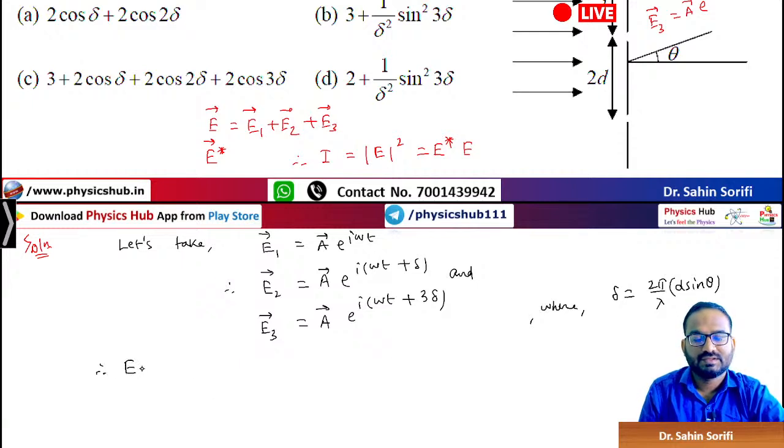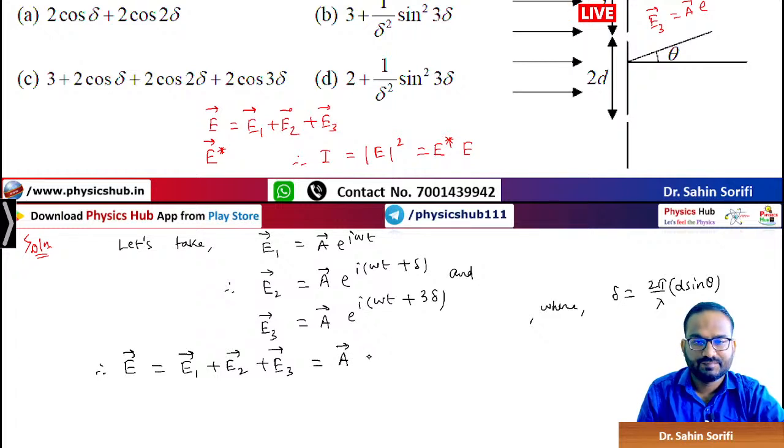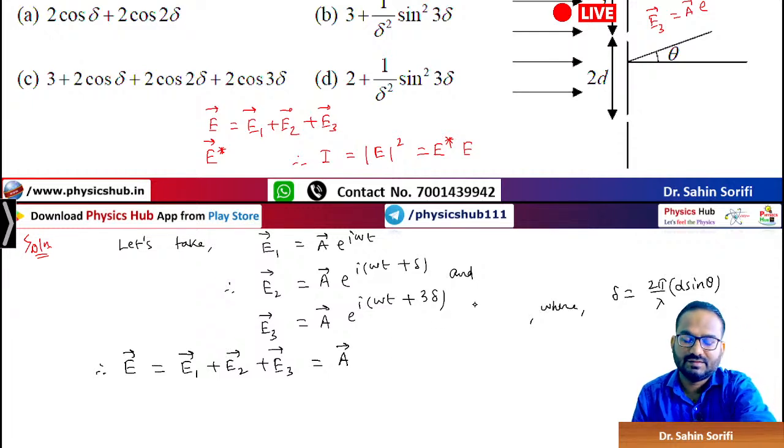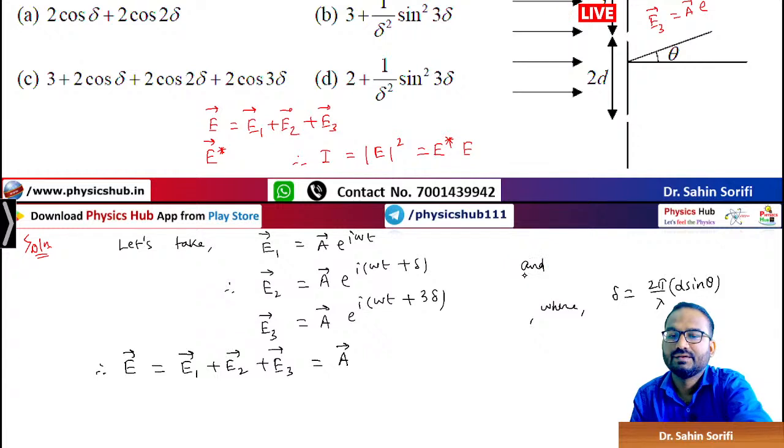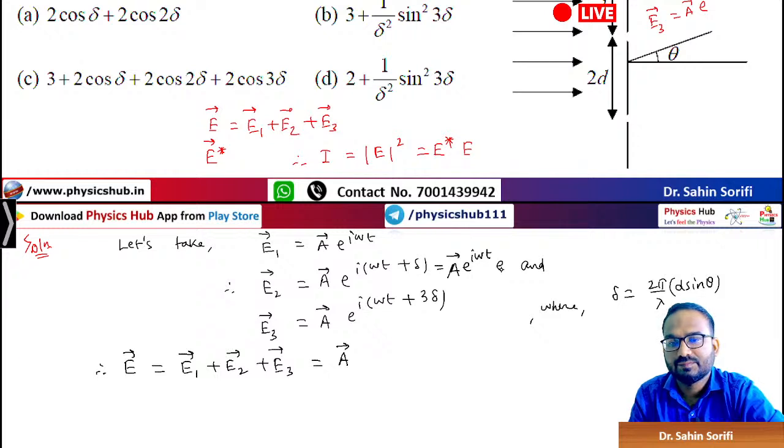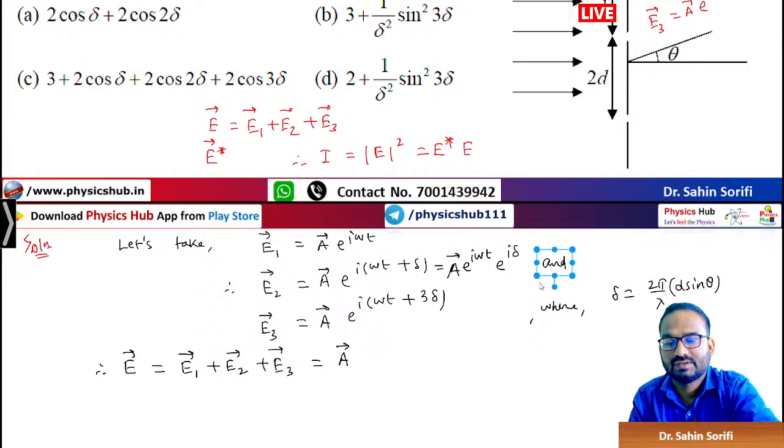Therefore, if you consider the resultant electric field produced due to all of these three sources, it will be the sum of E1, E2 and E3. So A is common. A e to the power i omega t times e to the power i delta. Can you write it? No issue in writing this.